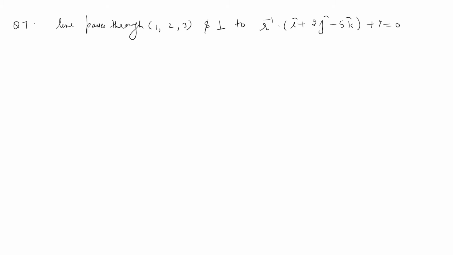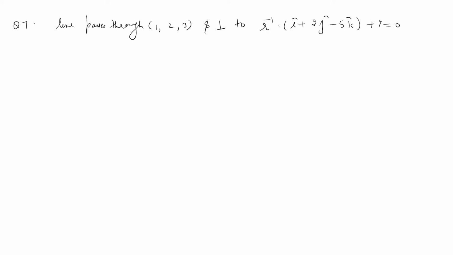So this is your plane. You have to find the equation of the line which is perpendicular to this plane. Whether you go for the Cartesian form or the vector form, whatever convenience you may find. So for a change, let's consider its Cartesian equation.